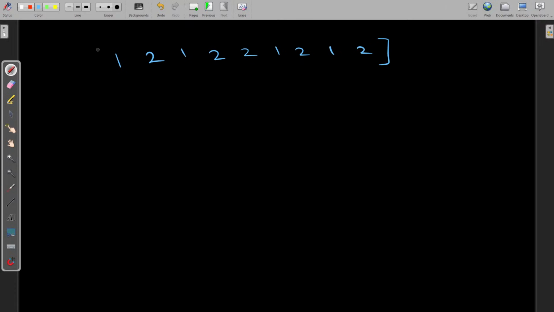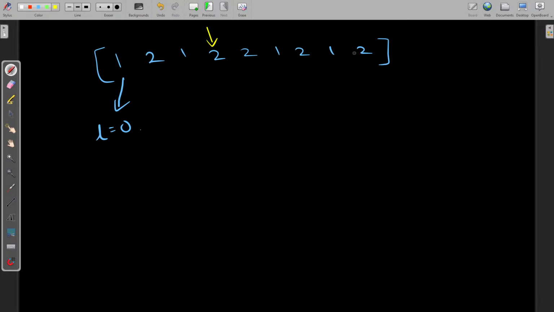So if this is our array and I am standing here at L equals 0, what is the minimum index to the right which satisfies both the first and second conditions? It would be over here, right? This index satisfies the conditions. Frequency of 1 is 2, frequency of 2 is 2, and the distinct count is also 2.